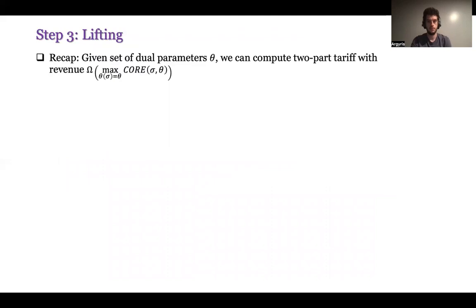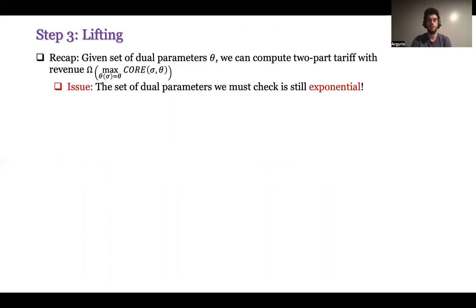To recap, given a set of dual parameters theta, we can optimize the core over a superset of mechanisms with dual set of parameters theta and still be able to bound a relaxed core by simple mechanisms. However, a set of dual parameters can be exponentially large, and our program does not have a clear structure that allows optimization.